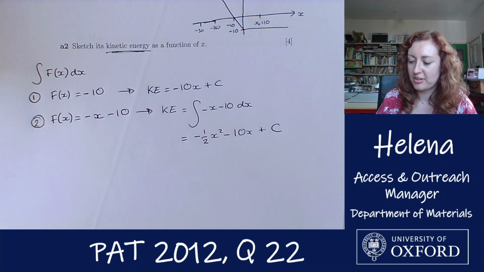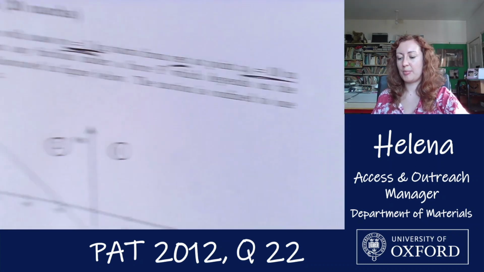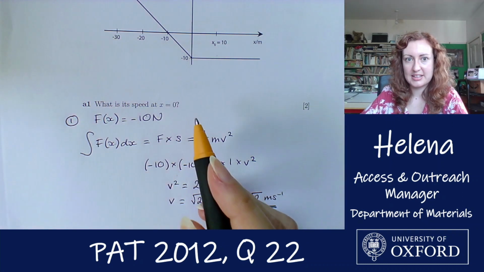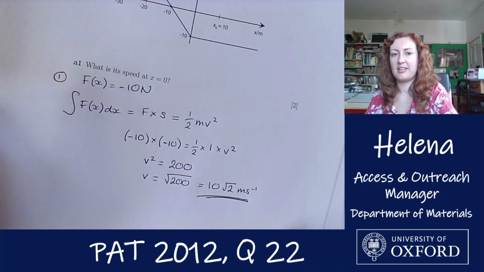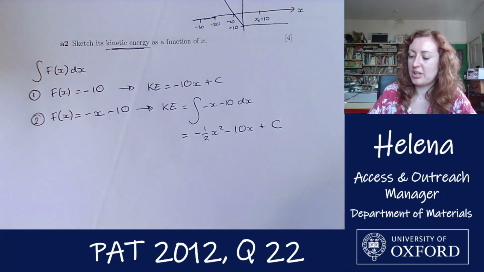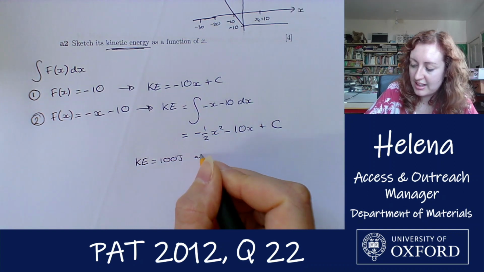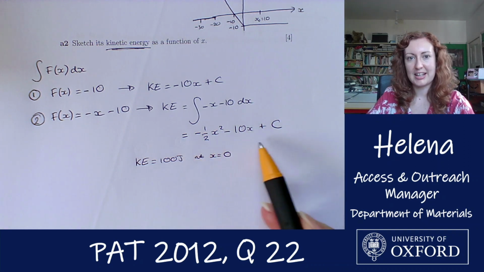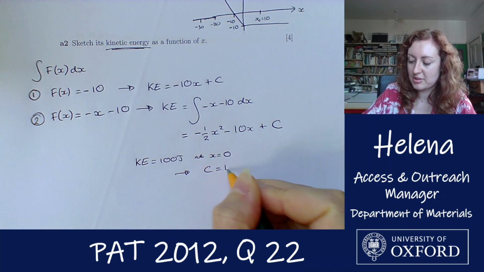From our previous part of the question, where we worked out what the energy was at x equals 0, we worked out that the energy was 100 joules. That's this part of the equation here. So we know that kinetic energy equals 100 joules at x equals 0. If we substitute that in here, we find that c equals 100.